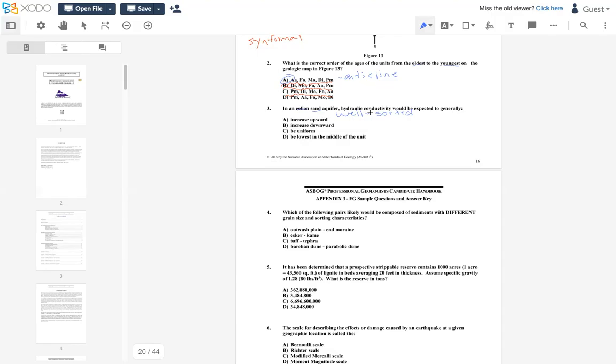It is a property of the porous media and is influenced by a few different things. So things like grain size. Oops, I didn't give myself enough room. Grain size, what else? Grain shape.